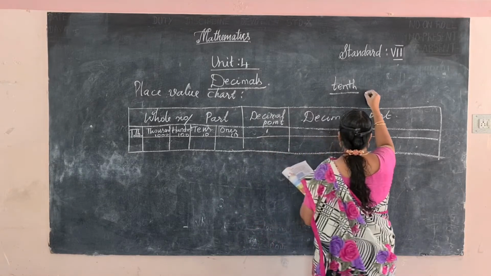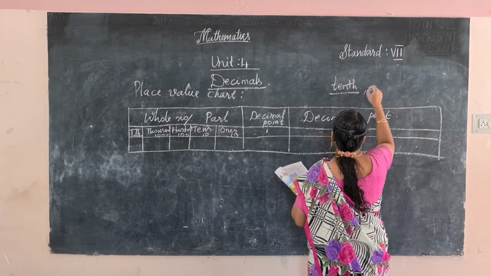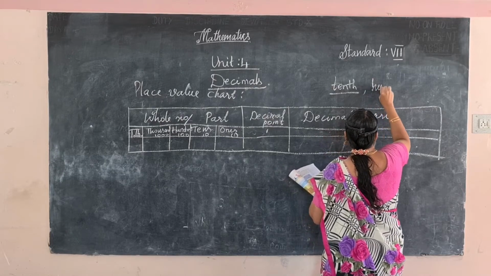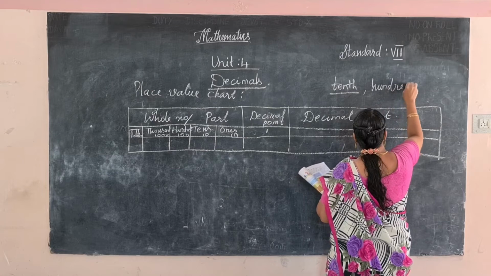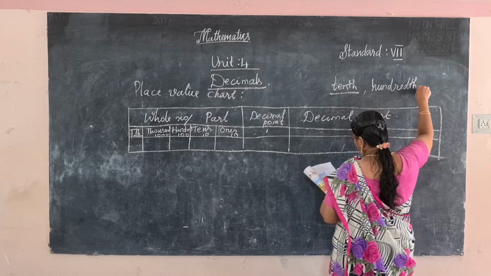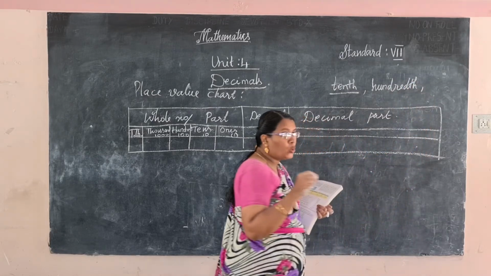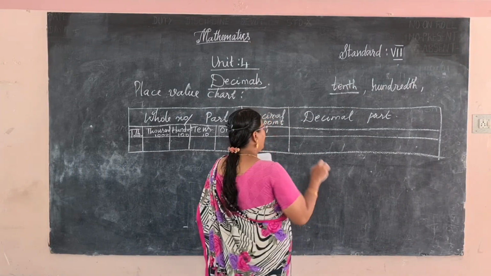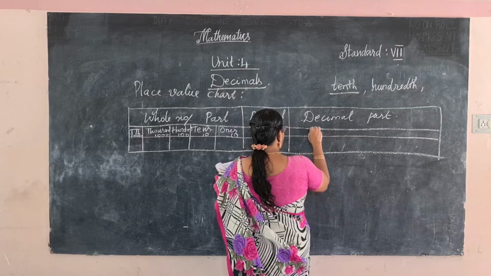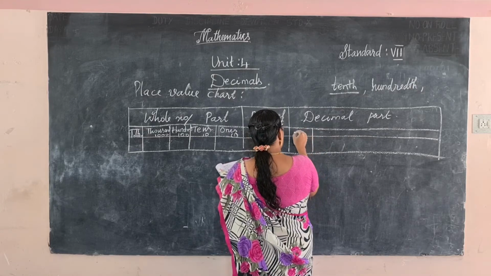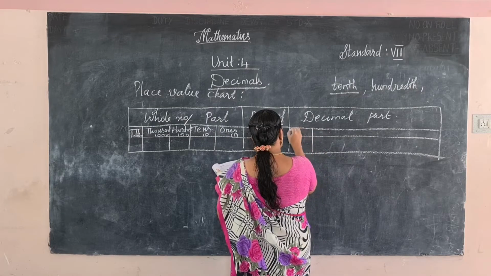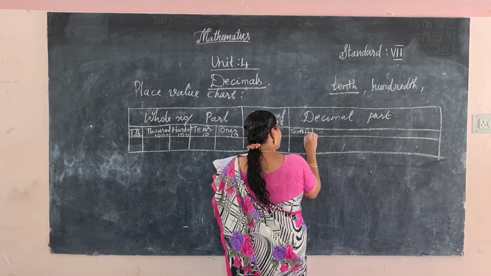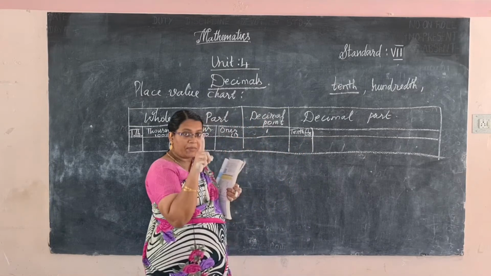How to read it? The first one is the tenth place, the second is read as the hundredth place, and the next is the thousandth place. You add TH. The tenth place means 1 by 10.